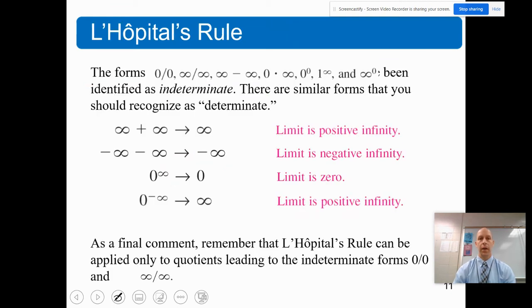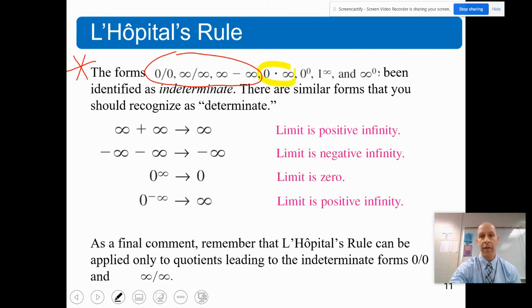Okay, so here is another very important slide. When you are evaluating limits, here are the indeterminate forms that you need to be aware of. We've already talked about these 3 right here: 0 divided by 0 and infinity divided by infinity are the most popular. Another indeterminate form is infinity minus infinity.